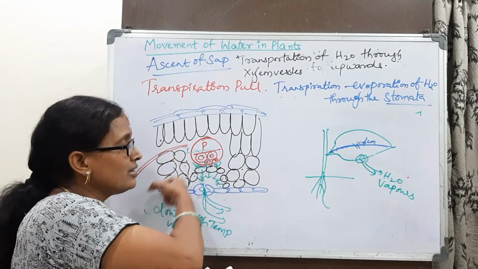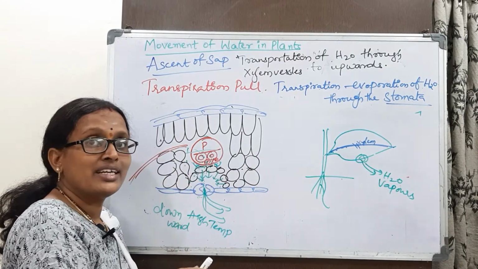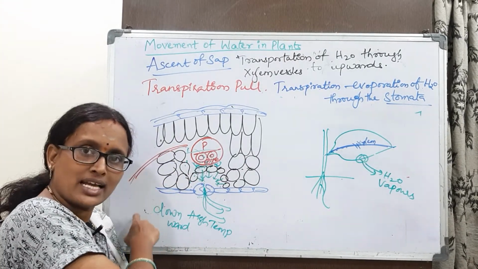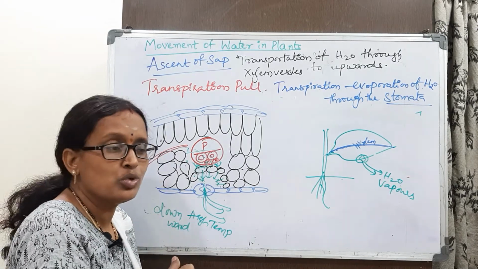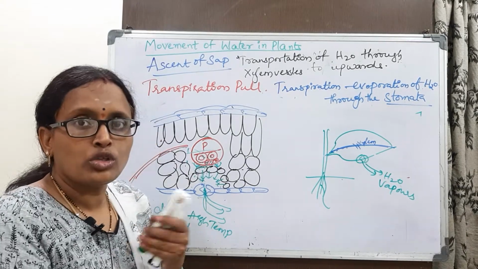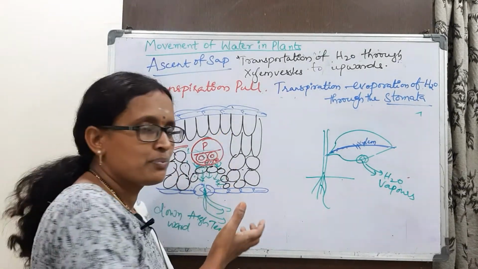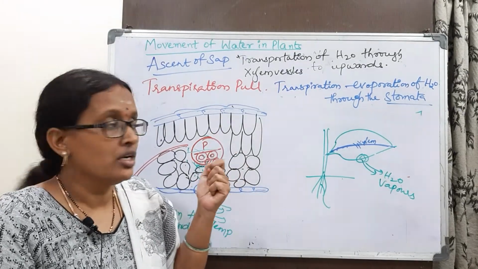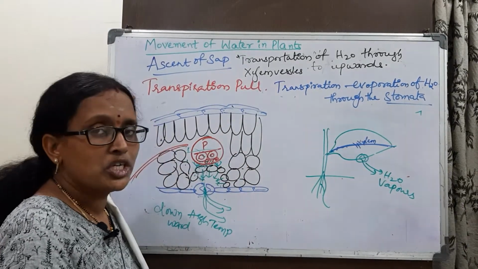The tension reaches the xylem vessels and the roots, and the tension pulls the water upwards. This is called transpiration pull.